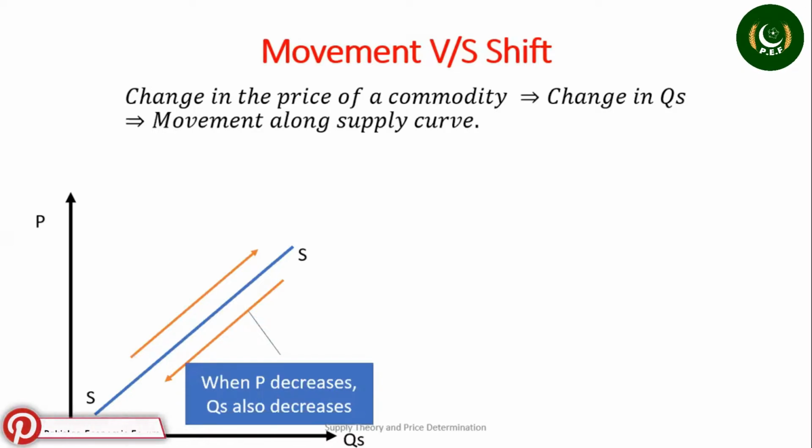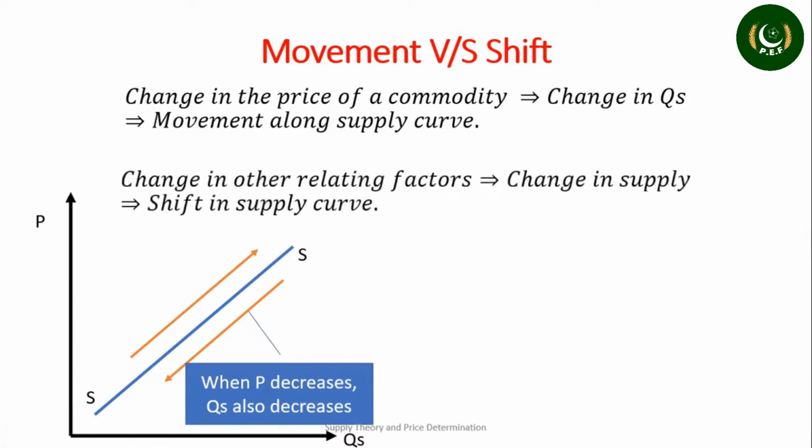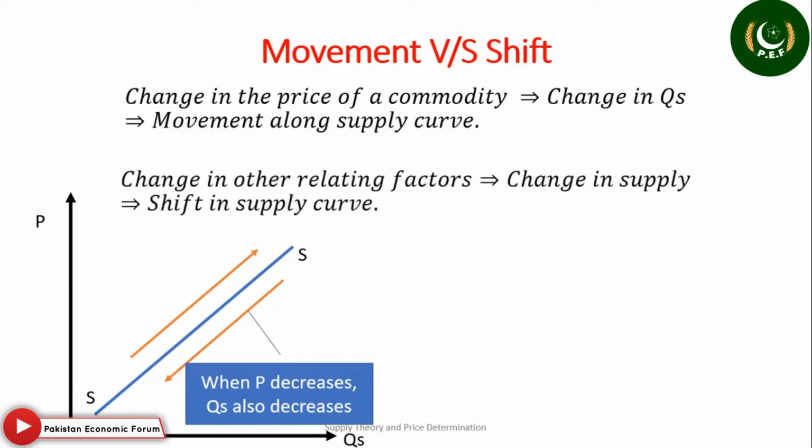However, like we studied in the earlier part of this lecture, supply is also affected by the change in technology, in the cost of production, in the amount of money available, according to the season, and so on and so forth. Therefore, when there is a change in any related factors other than the price, the change in supply results in shifting the supply curve.